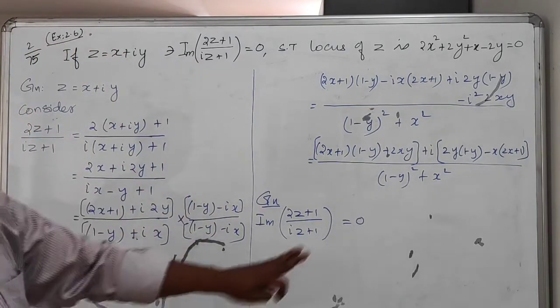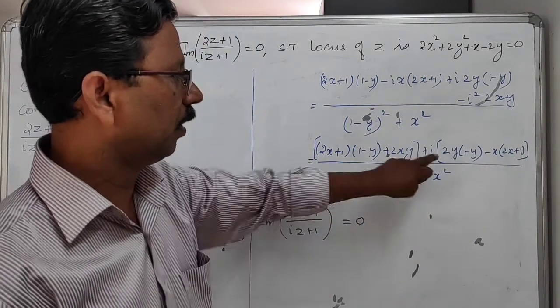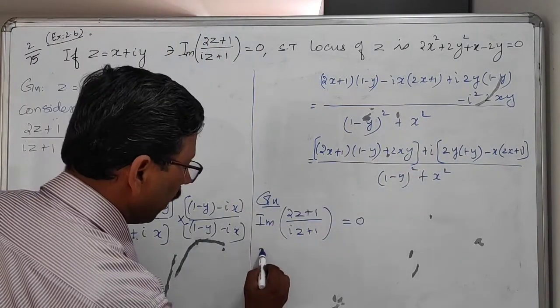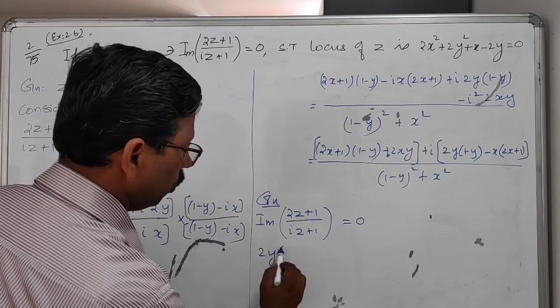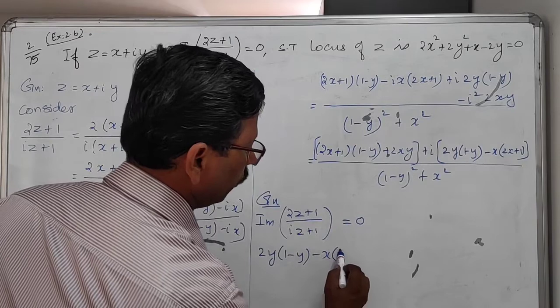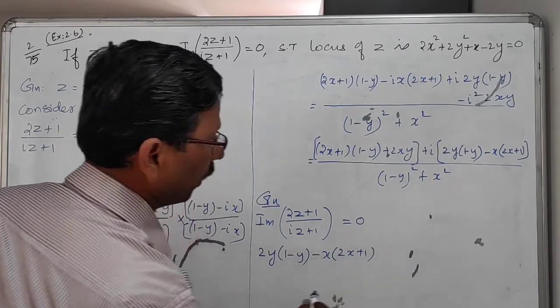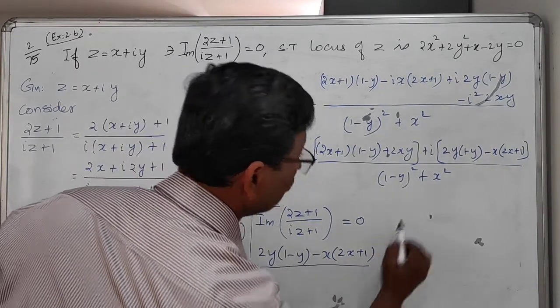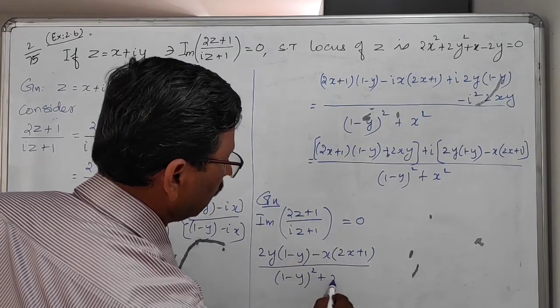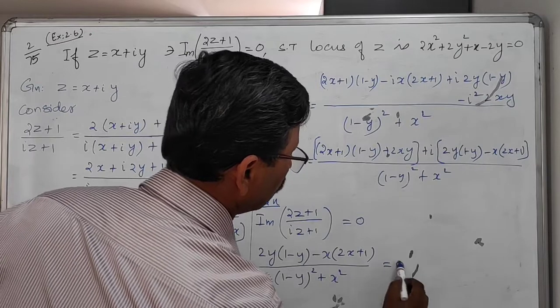Here, which is the imaginary part? This is the imaginary part. You leave this side, then you can write these two things. That is 2y into 1 minus y minus x into 2x plus 1 by 1 minus y the whole square plus x square equal to 0.